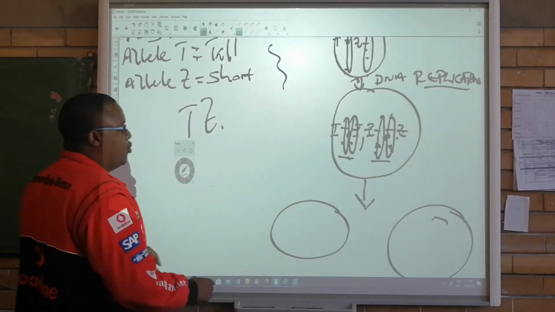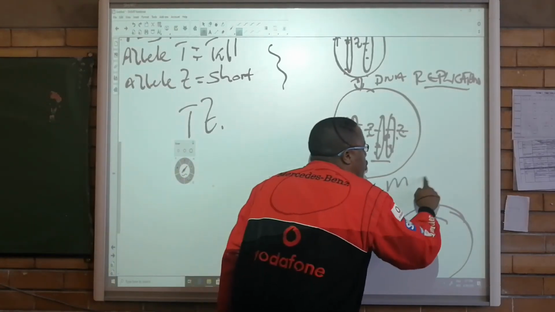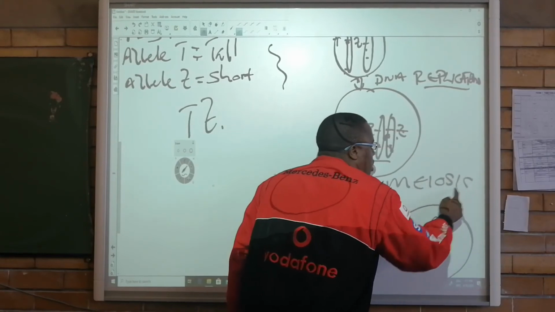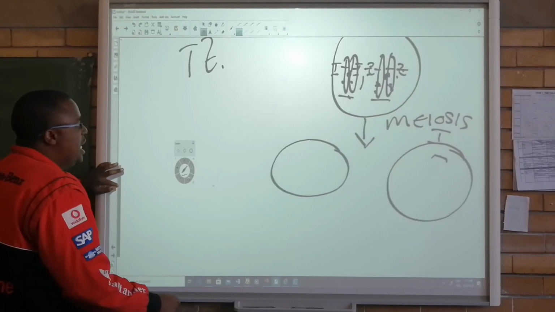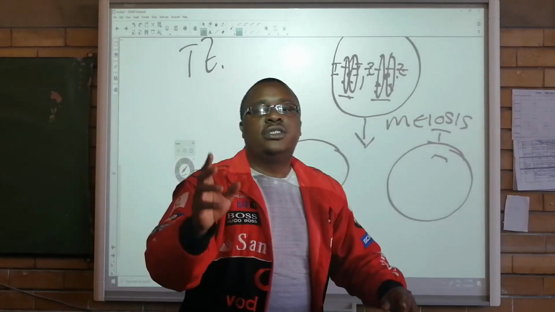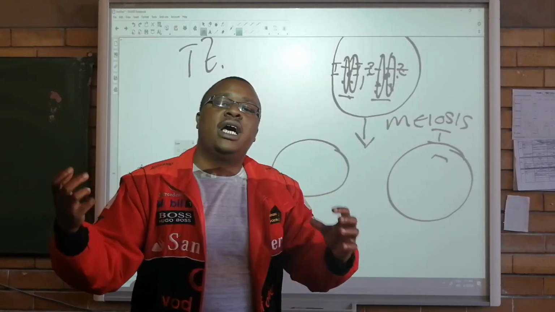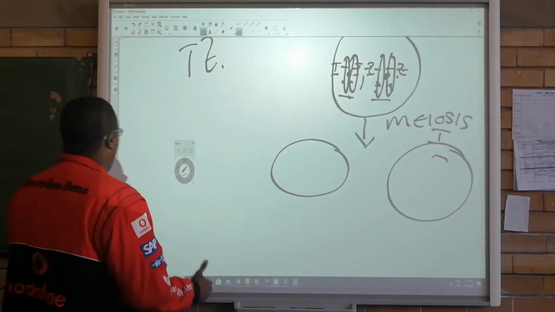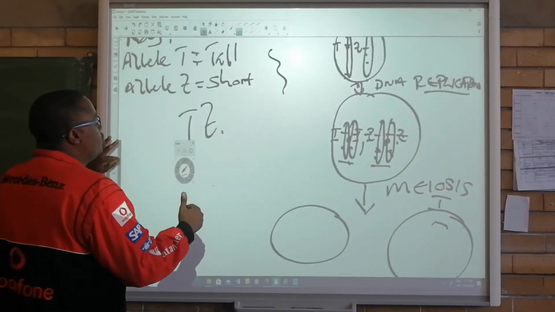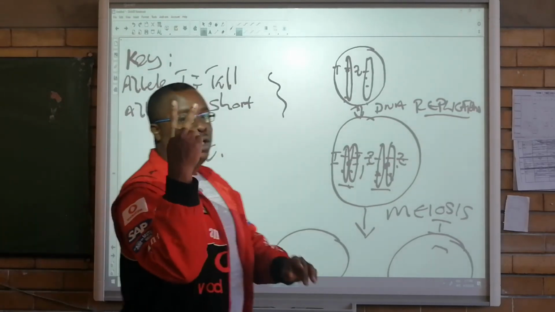Right. Walk with me. At the end of meiosis 1, we know this from term 1, the chromosome number is halved. So, how many chromosomes did you start with? 2.